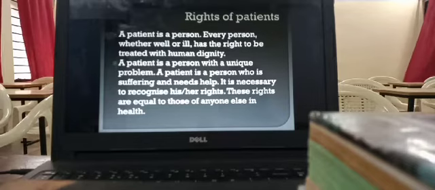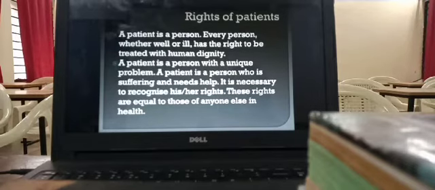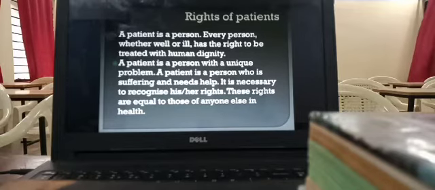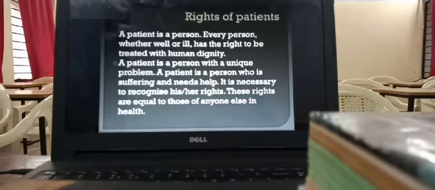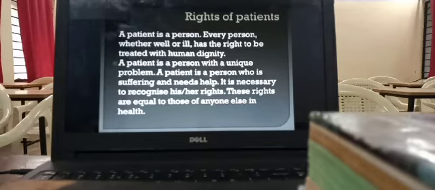A patient is a person. Every person, whether well or ill, has the right to be treated with human dignity. A patient is a person with a unique problem. A patient is a person who is suffering and needs help. It is necessary to recognize the rights. These rights are equal to those of anyone else in health.